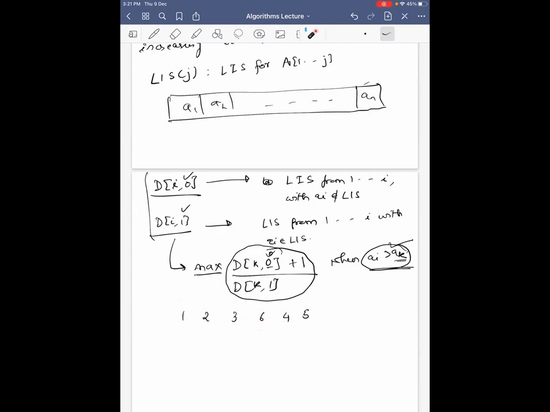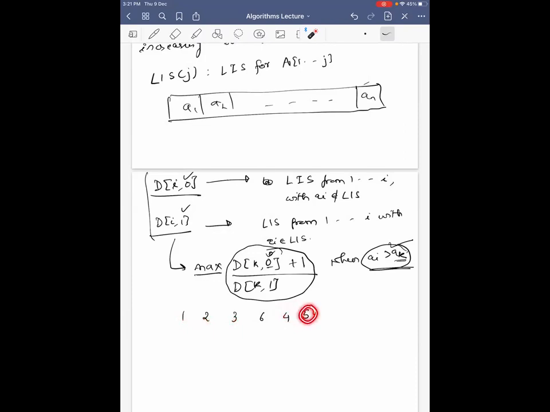So I will then be taking the maximum over all of these subsequences. Any subsequence that ends in 4 will also have 1, 2, 3, 4 as its subsequence. Based on this example, a subsequence ending in 4 would be 1, 2, 3, 4.